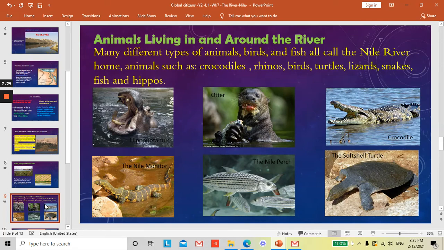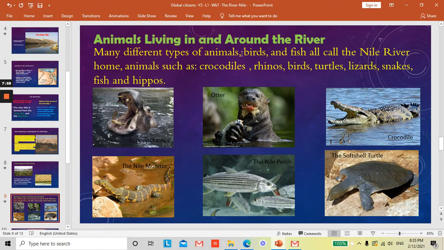Also, there are animals that live in the River Nile. That is another importance of the River Nile. Many different types of animals, birds and fish all call the River Nile home.